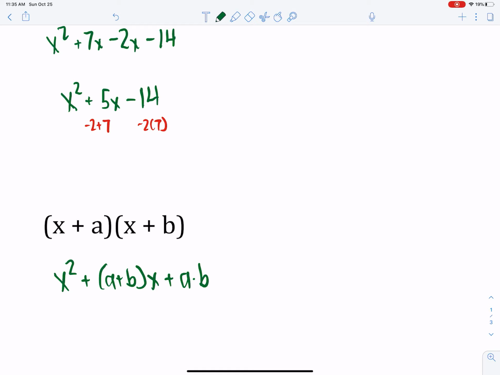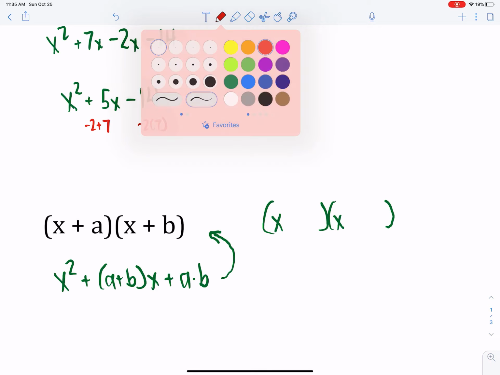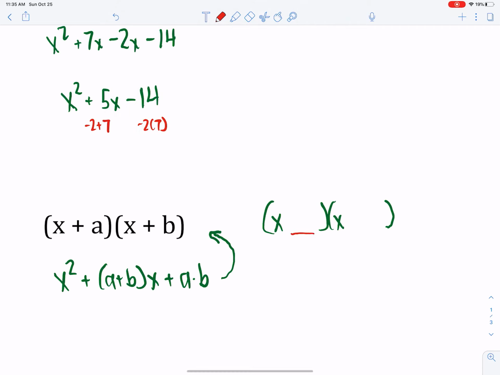This formula is going to help us think about factoring. Our goal in this section is to start with something like the bottom and end up with something on the top. You're going to start, at least in this section, with an x at the beginning of each group, and the entire goal is going to be to figure out what goes at the end of each group.